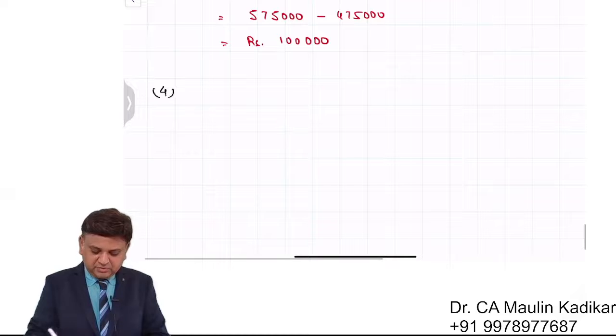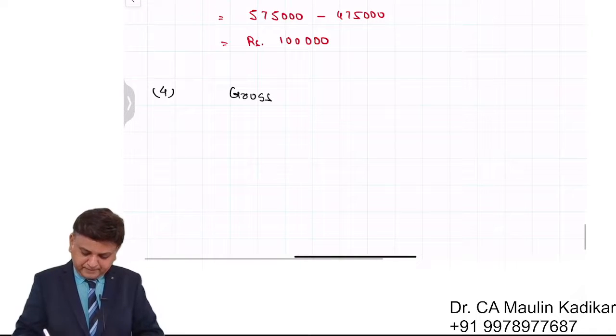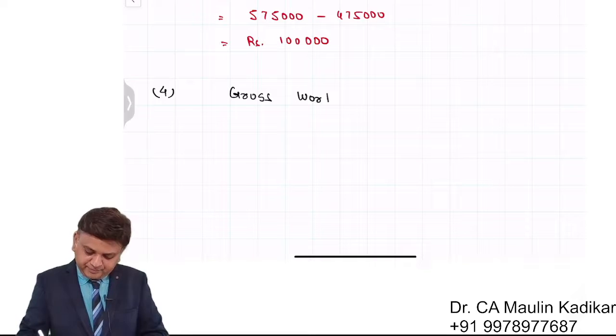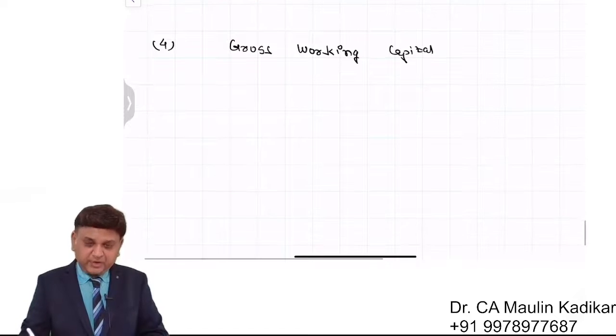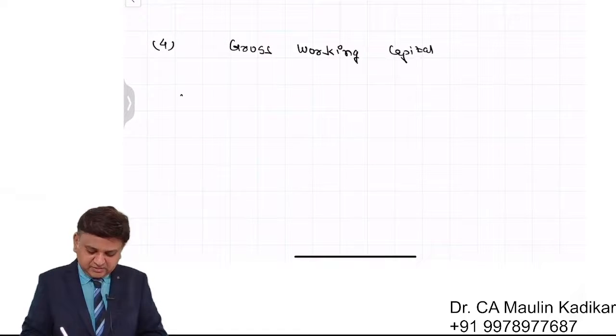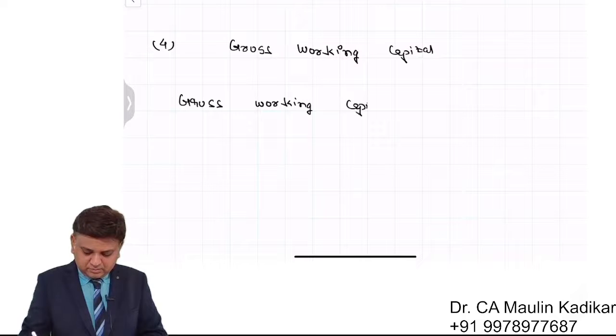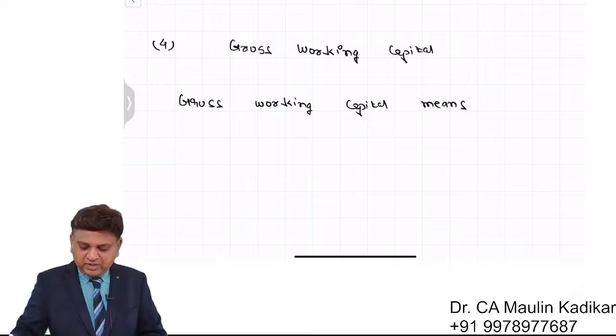Fourth question is the gross working capital. In that write down, gross working capital means only current assets.